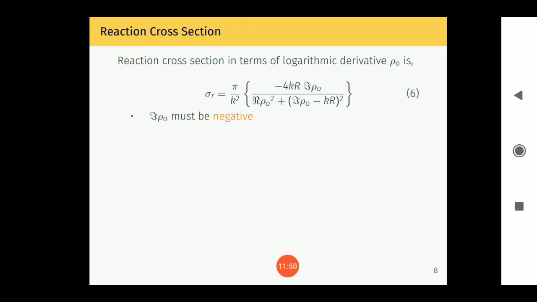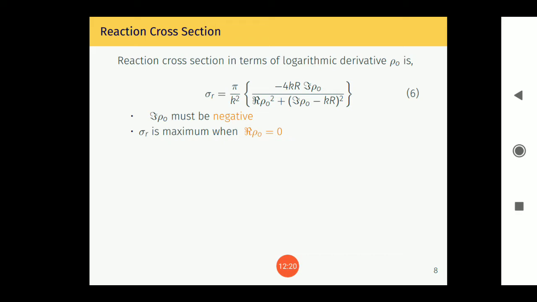So the important thing is the numerator contains the imaginary part of rho naught, and that imaginary part of rho naught must be negative. If that is not the case, then the reaction cross section will be negative, which is meaningless. So the reaction cross section is a measurable quantity that must be positive. So in order to make the reaction cross section positive, the imaginary part of rho naught must be negative. So that's the information that we can get from equation 6.